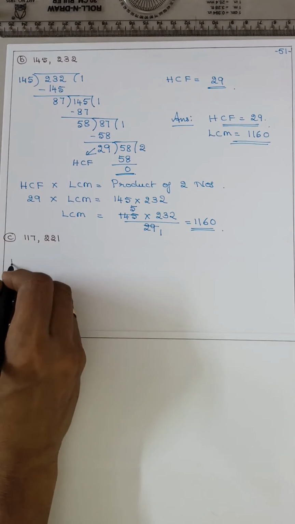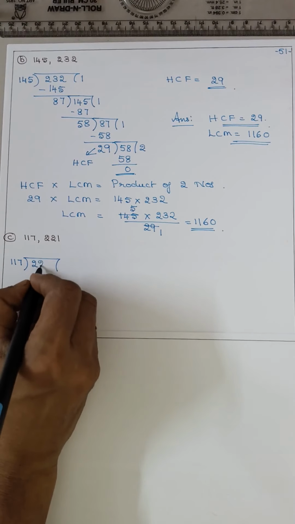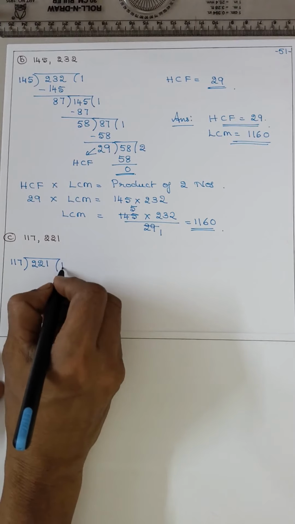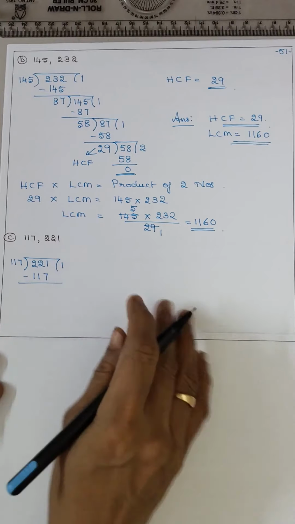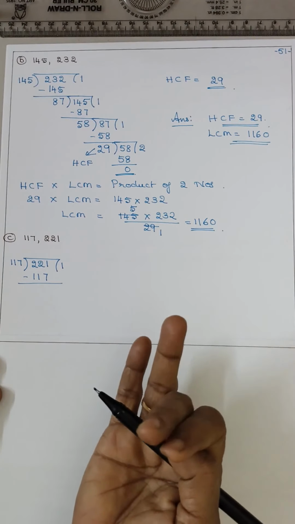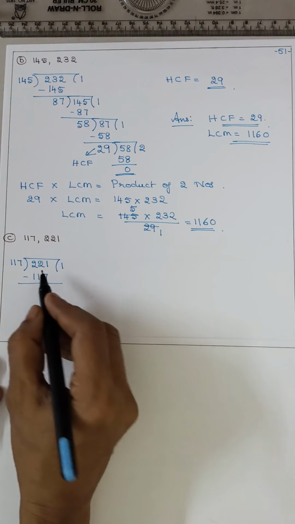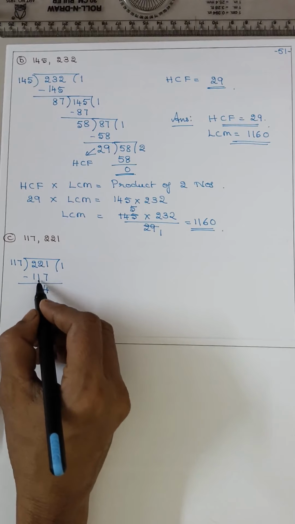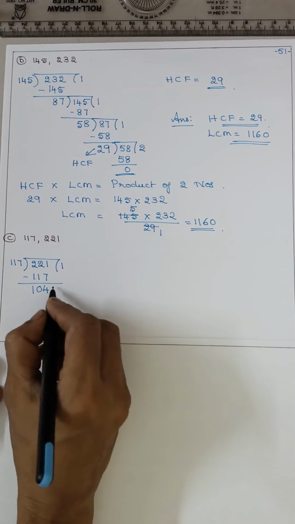So for HCF, 117 and 221, only one time 117. Now 11 minus 7, 1, 2, 3, 4, 5, 6, 7. So 4 remain. Now this is 1. 1 minus 1 is 0. 2 minus 1 is 1.